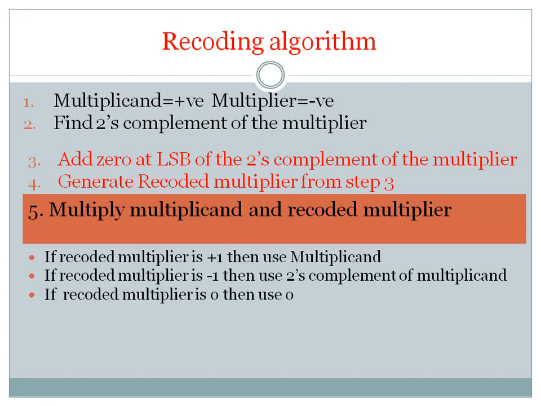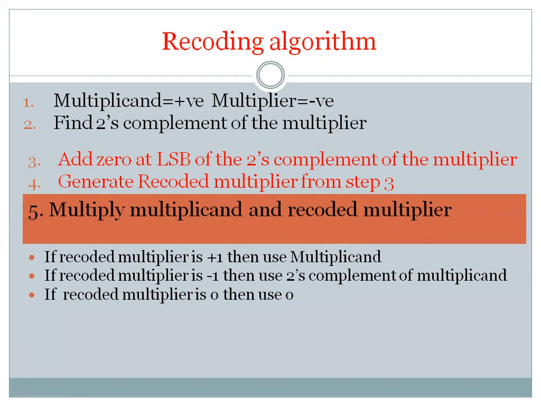During multiplication, if the recoded multiplier value is +1, you have to use the multiplicand value. If the recoded multiplier value is -1, you have to use the 2's complement of the multiplicand value. If the recoded multiplier value is 0, you have to use 0.